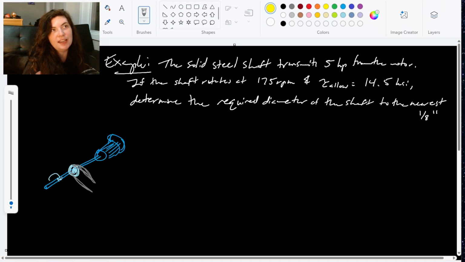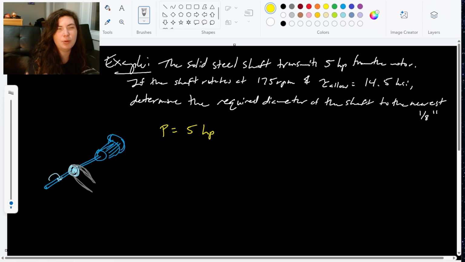So if you're ever given equations, what I always like to tell people is write down everything you know and any equations you know that could be applied. Even if you had no idea where to go with this, you could say, okay, well, I'm given the power is 5 HP. I'm given that the shaft rotates at 175 RPM.